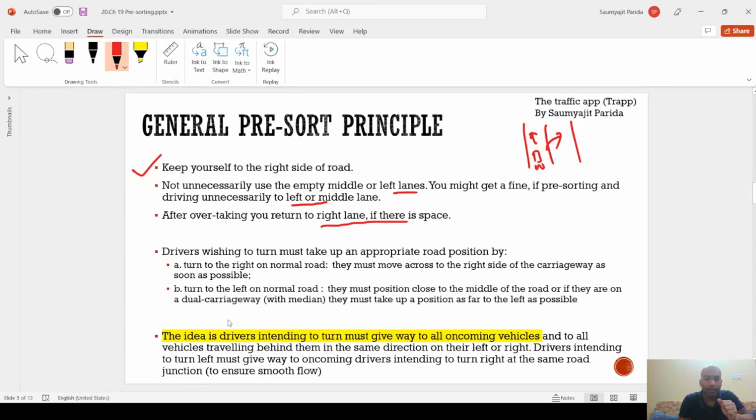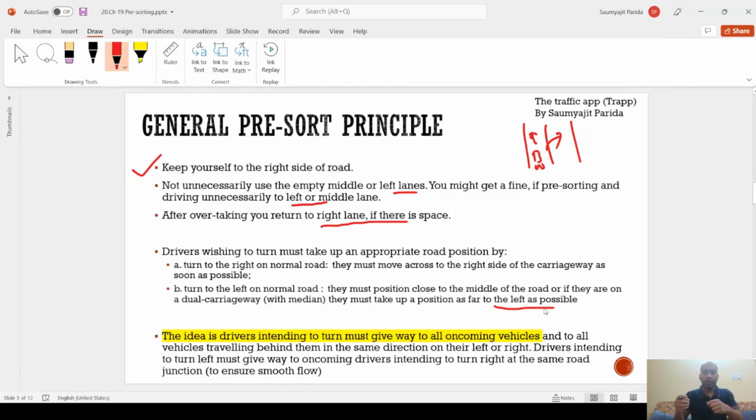or if they are on a dual carriageway with median, then I must take up a position as far to the left as possible. This has been a very confusing concept to understand. So when I am turning left, if it is a single lane road, then I should position close to the middle of the road.